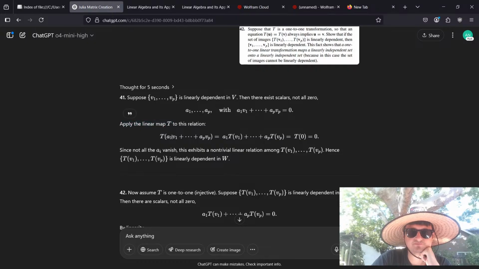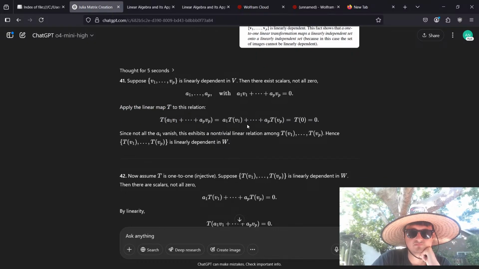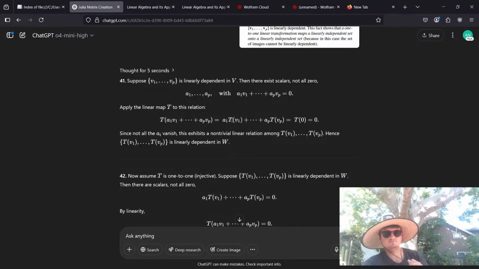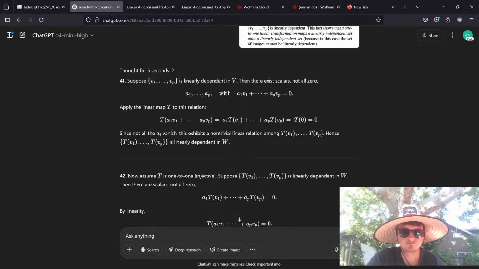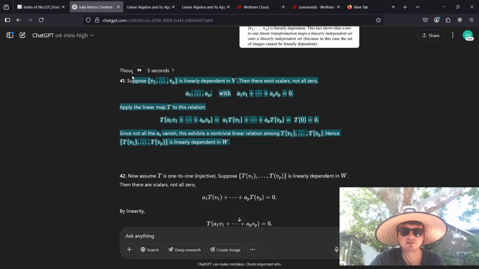Apply the map. Okay, so this is how they did it. Yeah, this is actually even cleaner than how I did it.